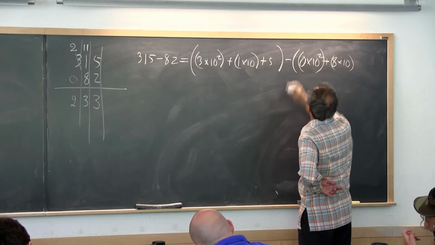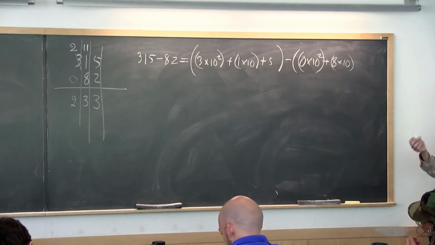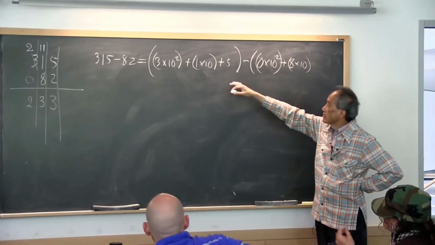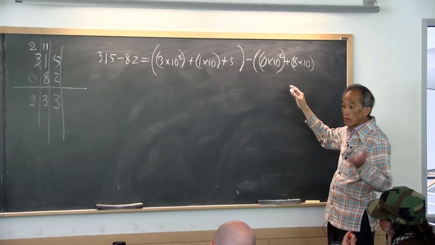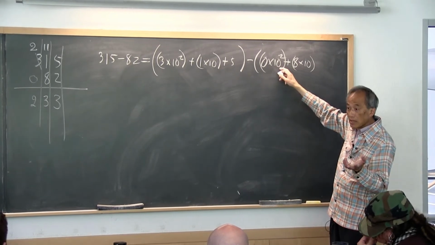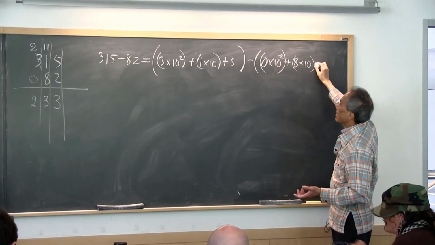I put this in because some of you may be misled into thinking that with 3 terms minus 2 terms, I don't know what to do, but the 10 squared term is always here. So that's 0 times it, right?